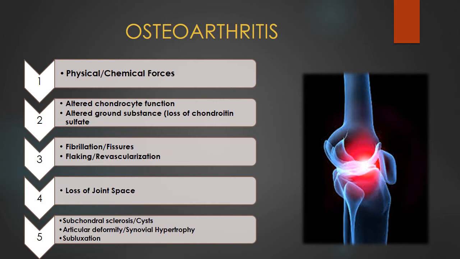It's at this point that we start to notice a loss of joint space on an X-ray. And loss of joint space is one of the hallmark features of degenerative joint disease.